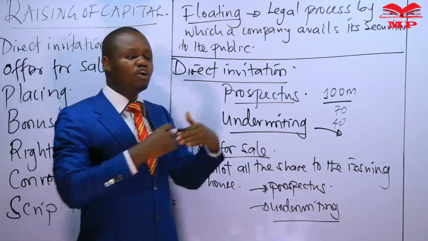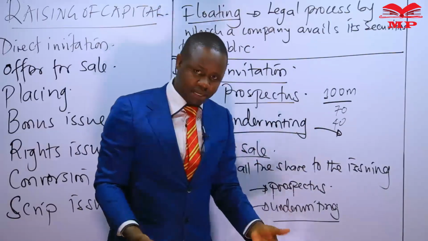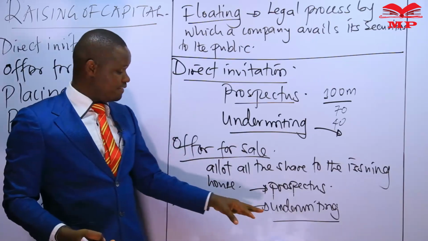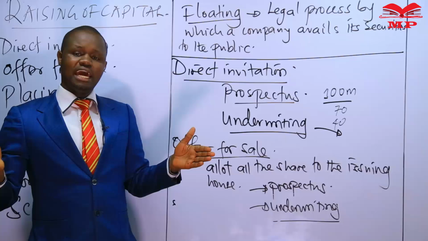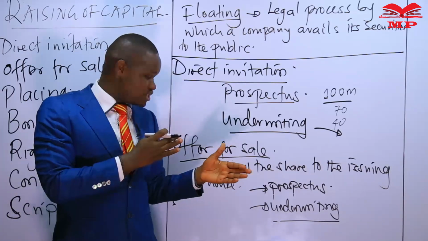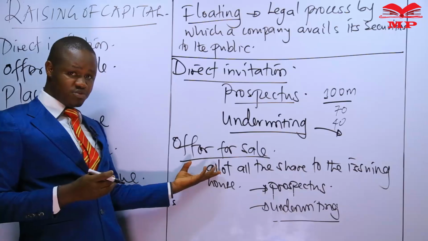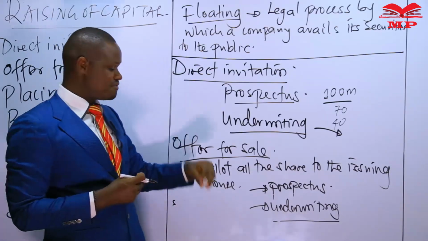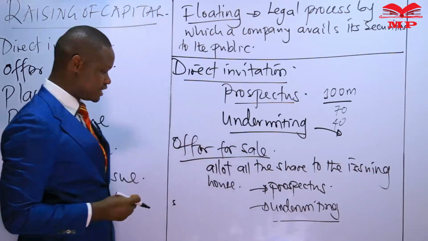That they are allotting all these shares to the issuing house, which in turn now issues them to the public. By preparing a prospectus on behalf of them, they also arrange underwriting if necessary on behalf of them. And should we be receiving any applications for the shares of this company, which had been previously allotted to the issuing house, the issuing house renounces their allotment in favor of the applicant that they receive in respect of these shares.